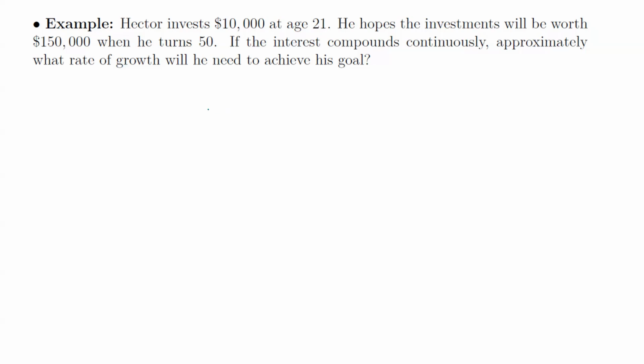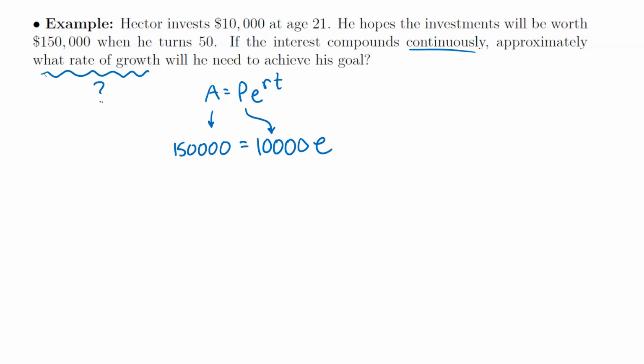Okay, so again, we see continuously. So we write down A = Pe^(rt). He wants it to be 150,000, so there's my A. He's investing 10,000, so there's my P. Now it's asking me what rate of growth, so that's my r.